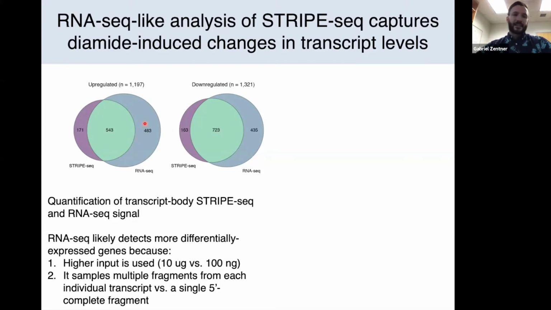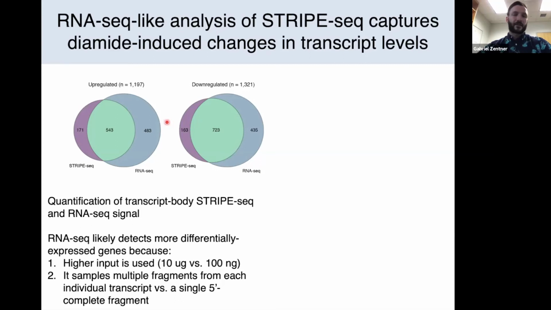However, RNA-seq detects quite a bit larger number of differentially expressed genes. We think this is probably for a couple of reasons. We're using orders of magnitude more input for RNA-seq, and RNA-seq can give you multiple sequenced fragments corresponding to a transcript, whereas STRIPE-seq only gives you a single fragment per transcript.